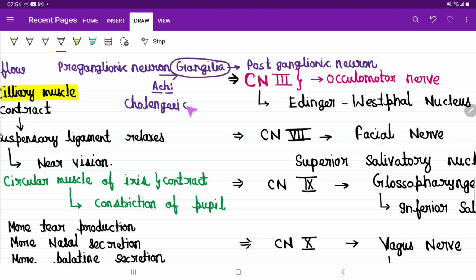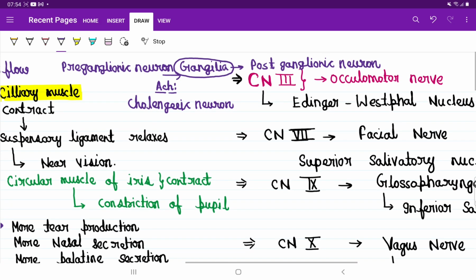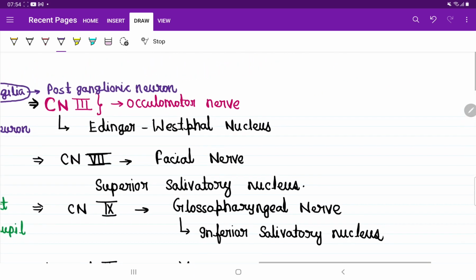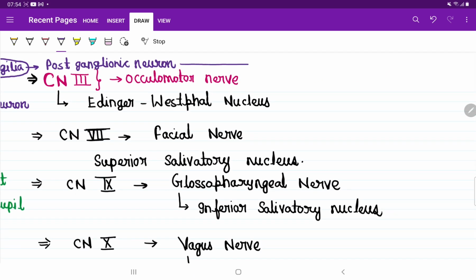So like the sympathetic neural supply, the preganglionic neuron is a cholinergic neuron. But there is a great difference: there the preganglionic neuron was smaller in size. Here the preganglionic neuron is long, because the ganglia here are near the organ, while there the ganglia were near the spinal cord. So the cholinergic neuron releases acetylcholine in the ganglia, and then the stimulus is accepted by the postganglionic neuron, and this postganglionic neuron releases acetylcholine on the organ.